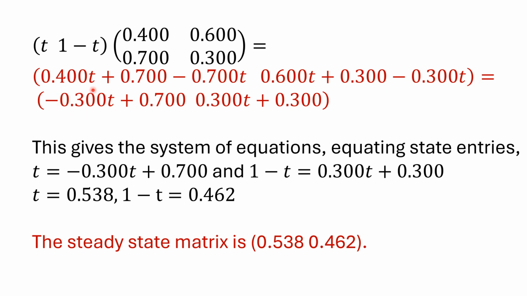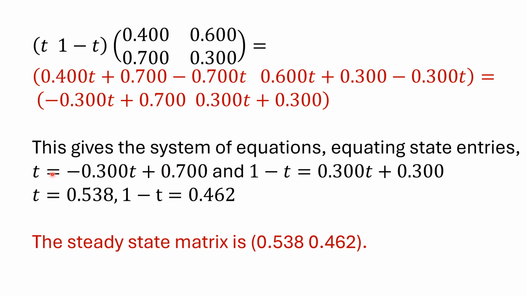Now, if I collect like terms, the T's, negative 0.7 and 0.4 is negative 0.3T plus 0.7. The other entry will have 0.6 minus 0.3 is 0.3T plus 0.3. So we're going to end up with a system of equations.